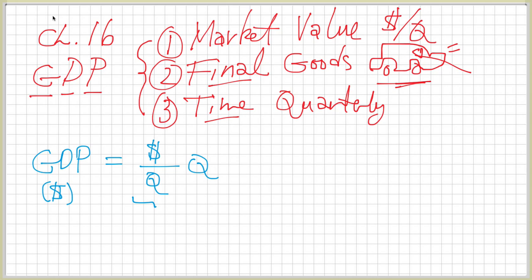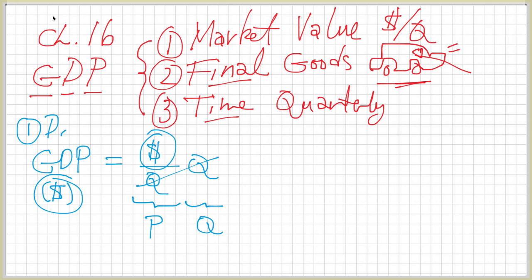Well, dollars per quantity is price, and quantity is just how much of the thing you have. But what we see is that by writing this more explicitly, we can cross out the Q's, get dollars, and dollars compares with dollars of GDP. Okay, so one way is to simply multiply price times quantity and add the whole thing up. So this is method 1 for calculating GDP, and we sometimes call that the direct method.